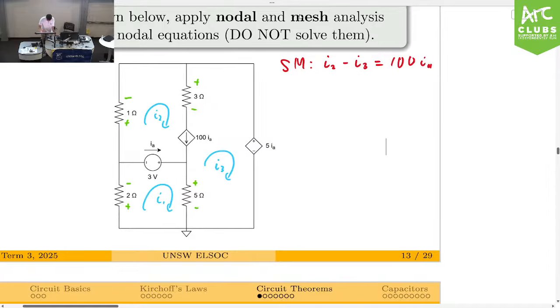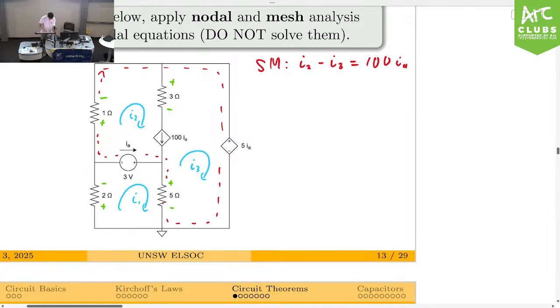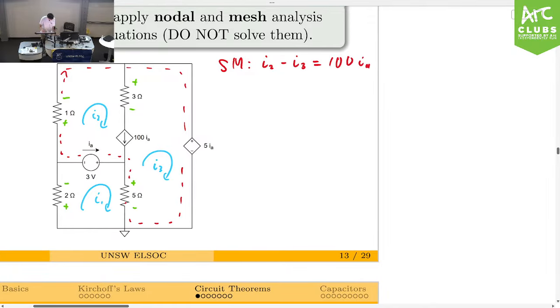Now, let's do KVL. Actually, let's label the super mesh here. So let's do KVL at I1, which is this one down here. So we have I1 going through the 2 ohm resistor, so we have 2 I1 as a voltage drop.